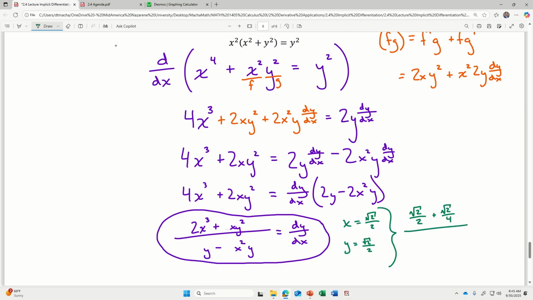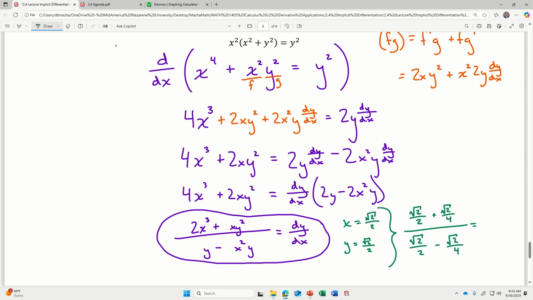Divided by y, which is square root 2 over 2, minus the same thing, because remember x and y are both square root 2 over 2, so this is square root 2 over 2 to the third power. We've already done that one, so we can subtract that thing.